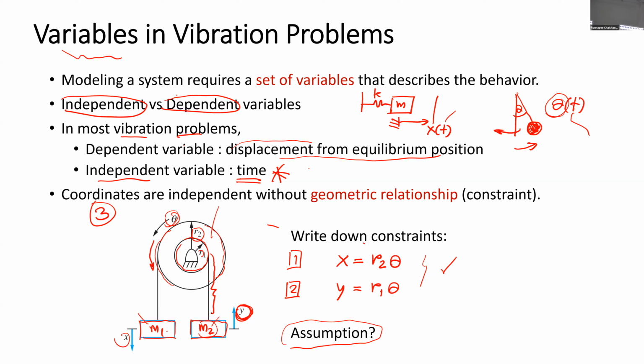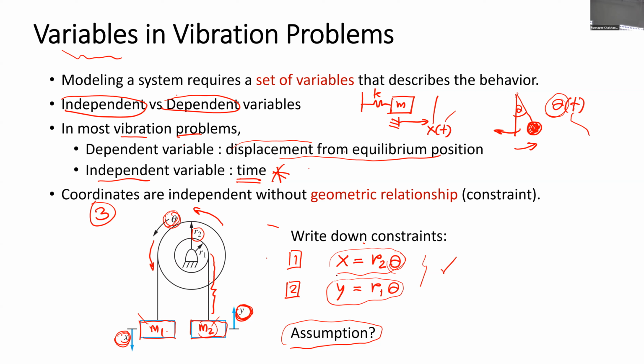The cable needs to be in tension, under the tension, and cannot be extended. The length cannot change, the cable is not deformed. So that when we pull M1 with displacement X, the roller is going to rotate with the theta with this relationship.